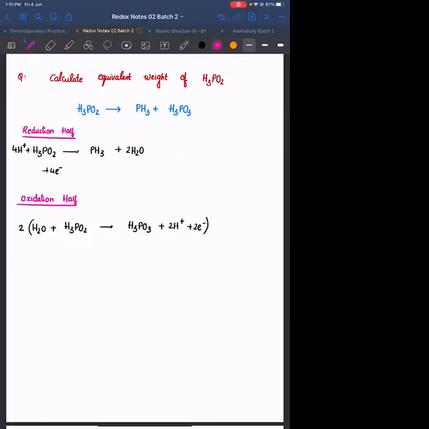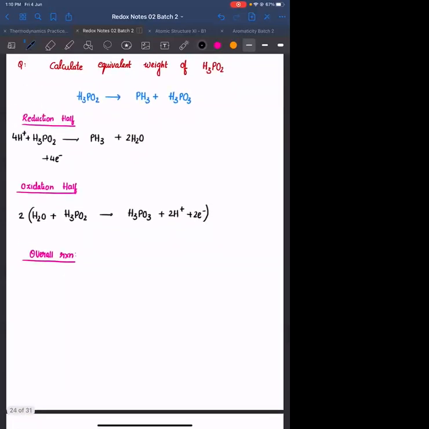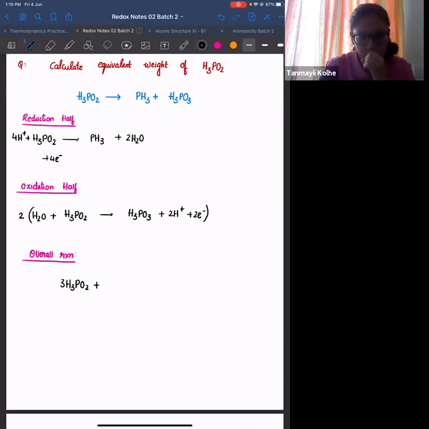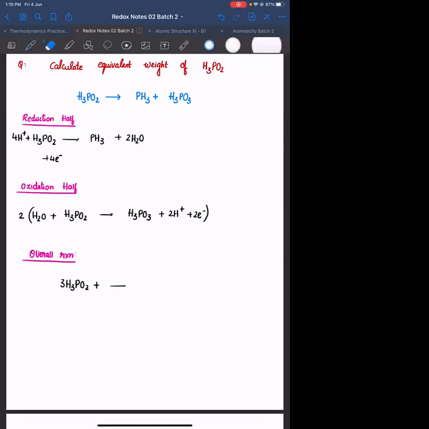So what will be the overall reaction? Please tell me the overall reaction. It has to be 3H3PO2 plus 4H positive इस साइड है, उस साइड पे 4H positive है, दोनों कैंसिल हो जाएगा. H positive कैंसिल हो जाएगा ना? हाँ सर. तो H positive कैंसिल हो गया तो you are left with H2O.